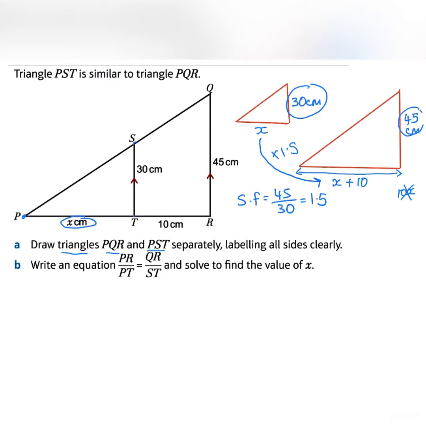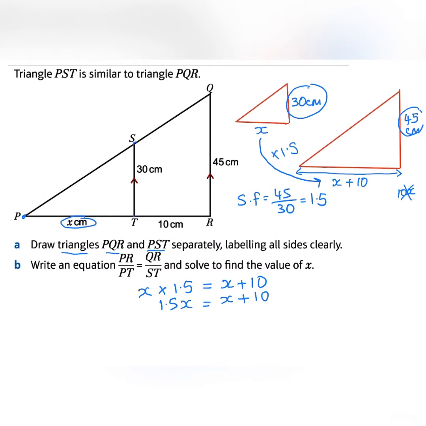So we are going to set up our equation. So x times 1.5 gives us the bottom side of the bigger triangle P to R, which is x plus 10. Now simplifying this, I could write it out like this: 1.5x equals x plus 10.